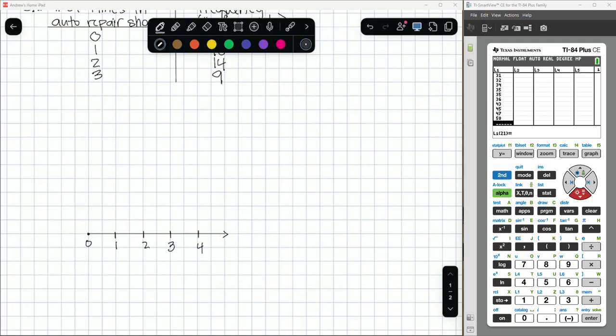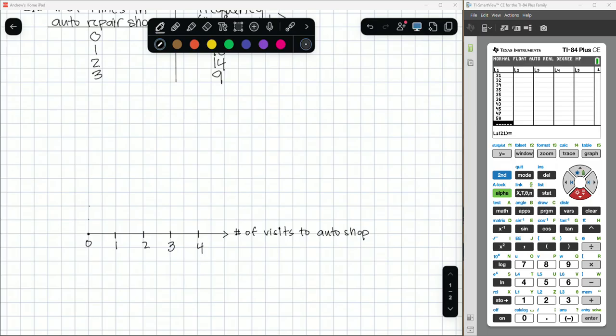And then I'm going to label this. This is number of times in an auto repair shop. So number of visits to auto shop. And then I think I'm going to count by 2s going up.